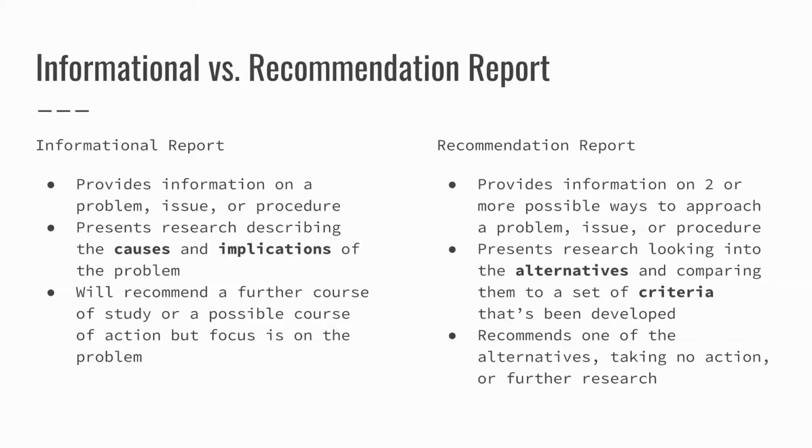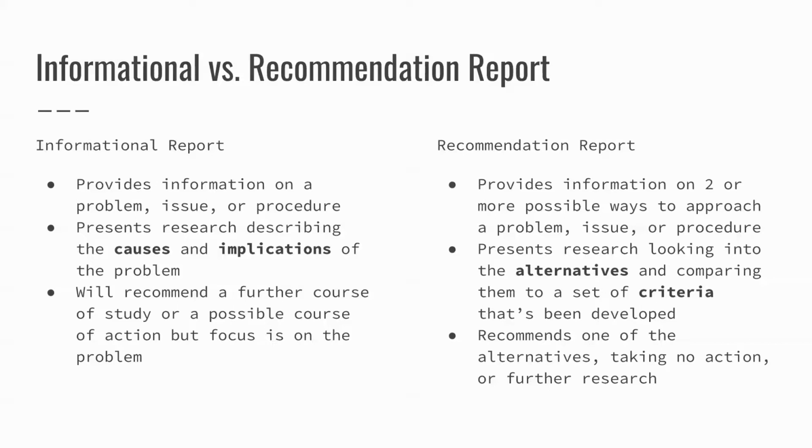So now your 2 options are an informational report or a recommendation report. Both will have all of these sections. The difference is that in an informational report, you're providing information on a problem, issue, or procedure. You're going to present research describing the causes and implications of the problem. That's going to be your main concern. So let's say you want to look at student retention at Wayne State, right? It would be an informational report about Wayne State retention rates.